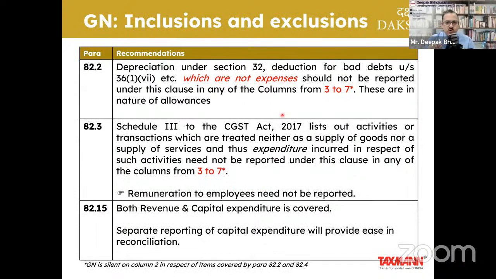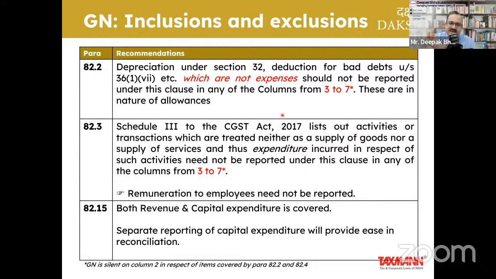Now, inclusions and exclusions. If I read para number 82.2 of the Institute's Guidance Note, it says that depreciation under Section 32 and deduction for bad debt under Section 36, which are not expenses, should not be reported under this clause in any of the column number 3 to 7.